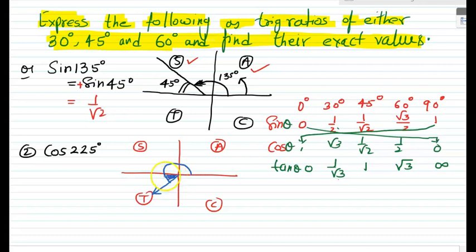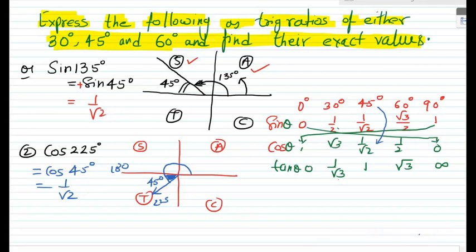Any idea? The acute angle made with the x-axis, right? So this is 180 and this is 225. How much is the acute angle here? 45 degrees. So cos 225, you can write as cos 45 degrees, and the cos 45 value, if you check from here, comes to 1 over root 2, and you can use a calculator as well if you want. Is that okay?